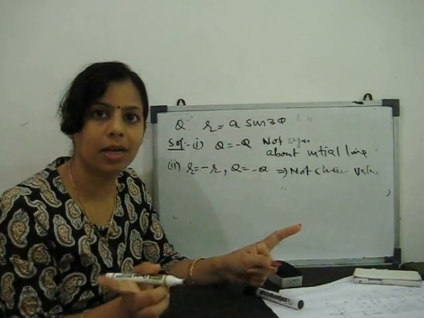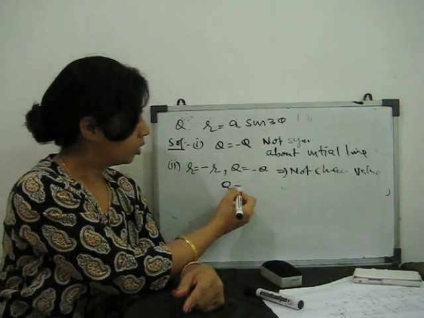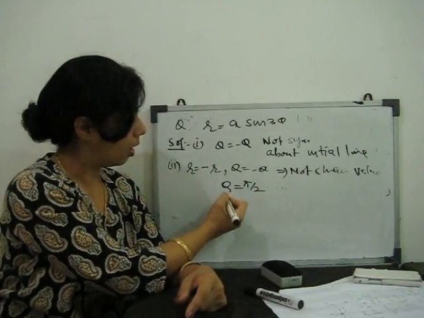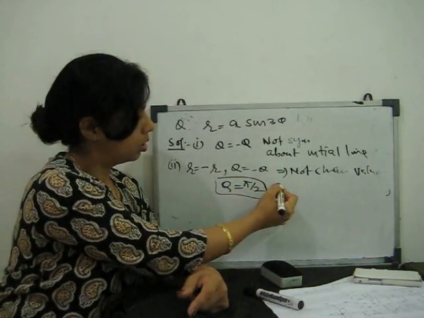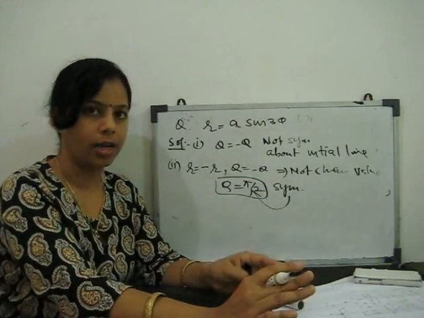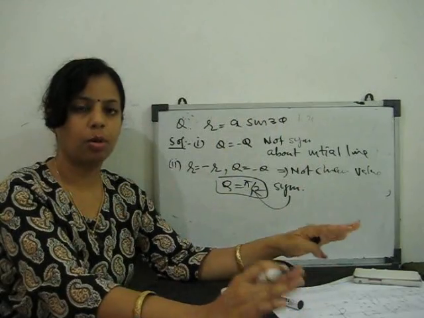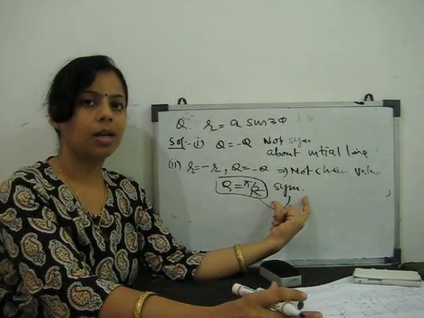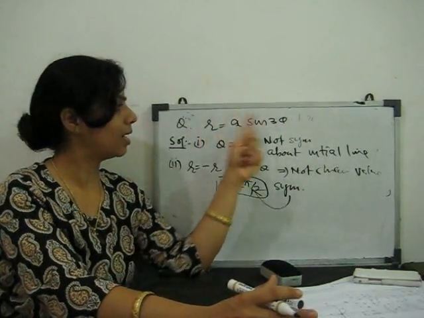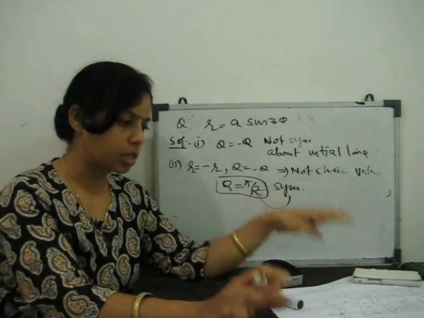It means the curve is symmetric about the theta equal to pi by 2 line. So it is not symmetric about the initial line or its pole, but it is symmetric about theta equal to pi by 2, because this becomes minus, that becomes minus, minus minus is plus, and the curve remains the same.